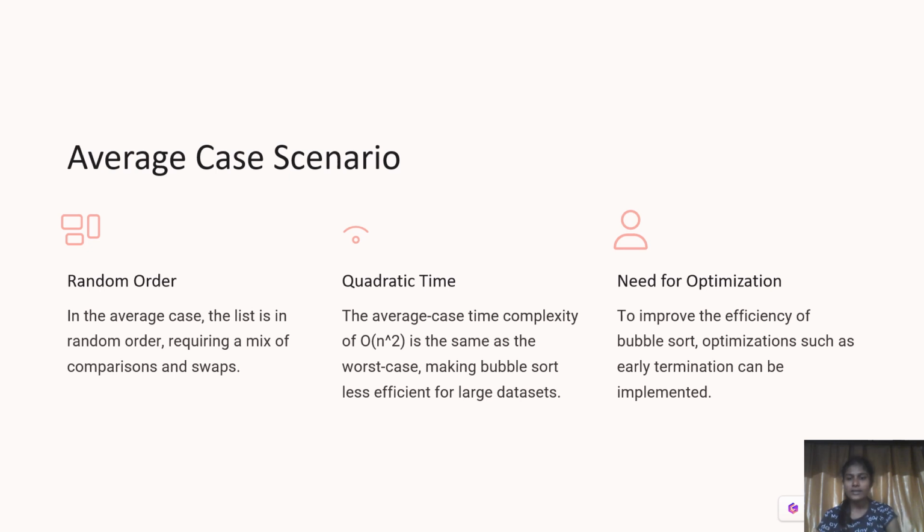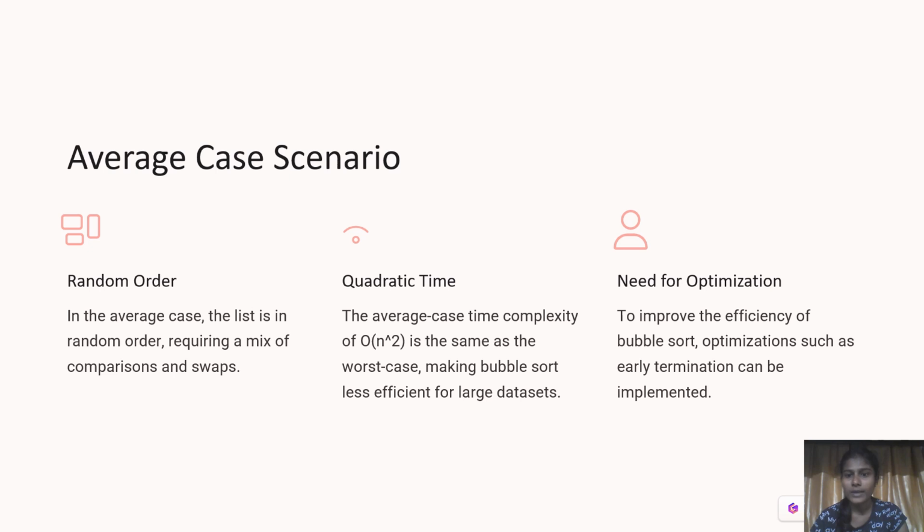Quadratic time. The average case time complexity of O of n square is the same as the worst case, making bubble sort less efficient for large datasets.